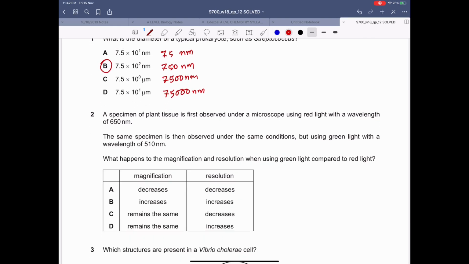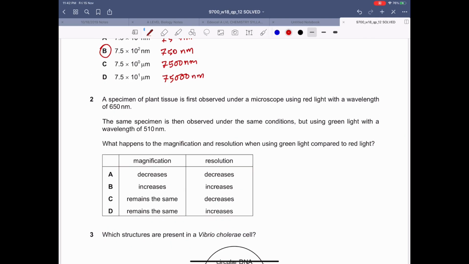A typical plant tissue is first observed under microscope using red light with a wavelength of 650 nanometer. The same specimen is then observed under the same condition but using green light with a wavelength of 510 nanometer. What happens to the magnification and resolution when using green light compared to red light?